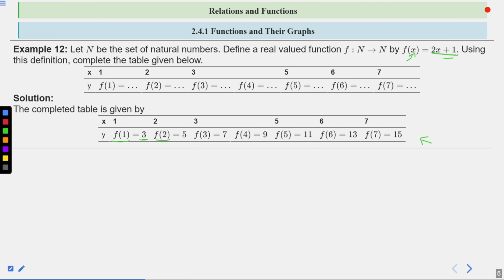In this case, f of x is nothing but your machine, which takes x as its input and gives me 2x plus 1 as my output. Clear?